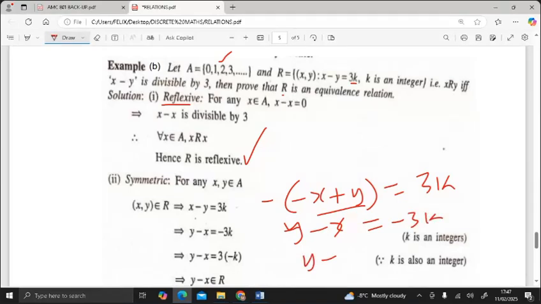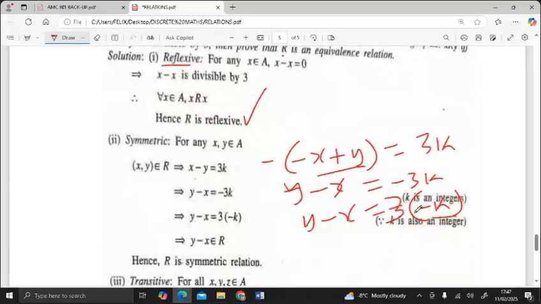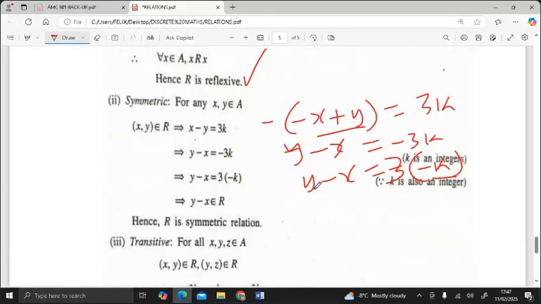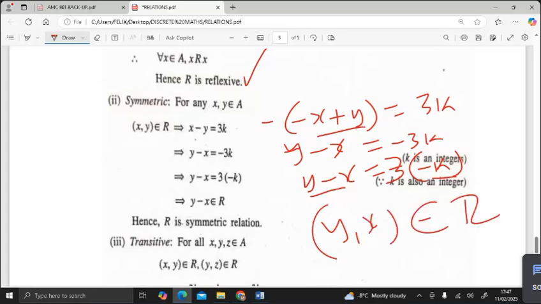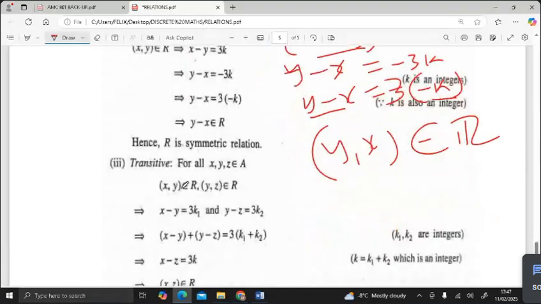In the case of symmetry, we are supposed to check whether, if x minus y is thrice K, y minus x is also thrice another integer. Let's see. x minus y is equal to 3K. When you factor out the minus, we shall have negative x plus y is equal to 3K. Now divide both sides by negative and rearrange, and we shall have y minus x is equal to negative 3K.